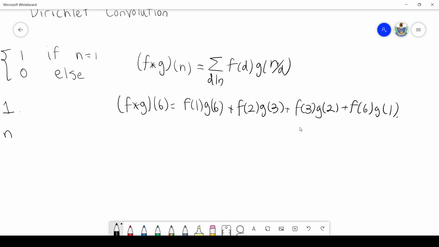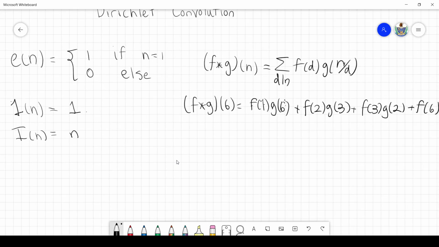So we're just taking pairs of opposite divisors of n, so they multiply together to n. You take f on one value, g on the other, multiply that together, and then sum over all of those.